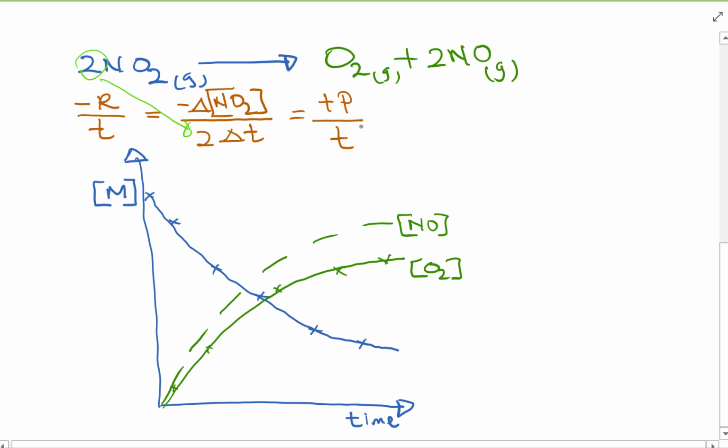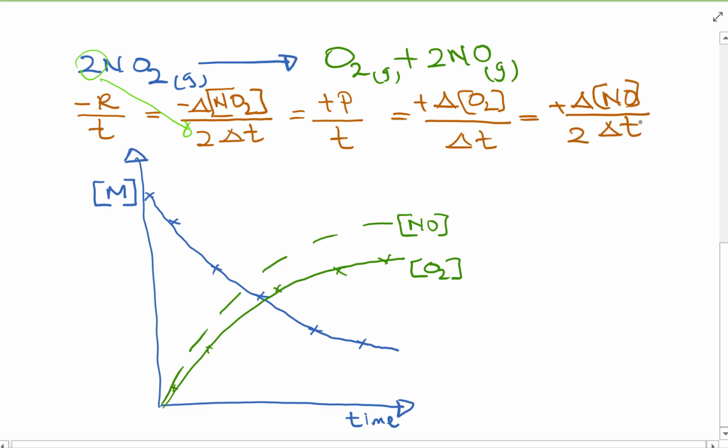That will be equal to the production of oxygen, the gain of products, plus change of oxygen over delta t, right? Or you can simply say NO also, but NO you get twice, so you have to divide by 2. That's just the coefficient, right?